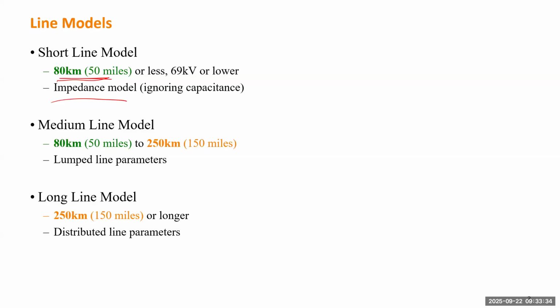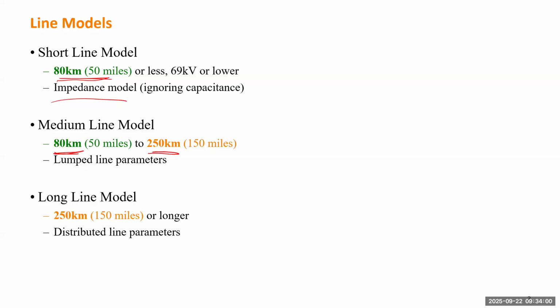But when we move to a medium line or long line, each line cannot be represented by a single impedance. We'll explain why. For medium lines, that will be in the range from 80 kilometers to 250 kilometers, which is about 50 miles to 150 miles.